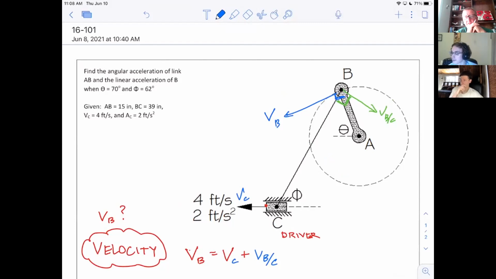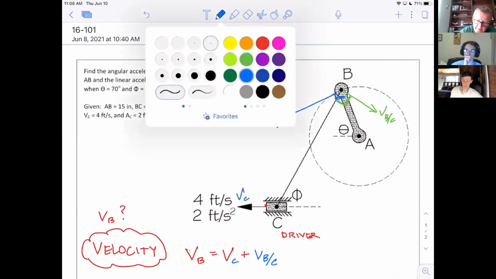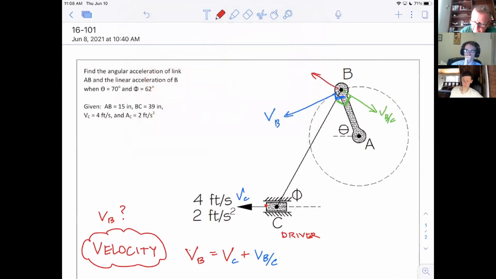You have to start these problems with that drawing drawn correctly. Do you agree with me that it would be very easy for somebody to kind of draw this over here?